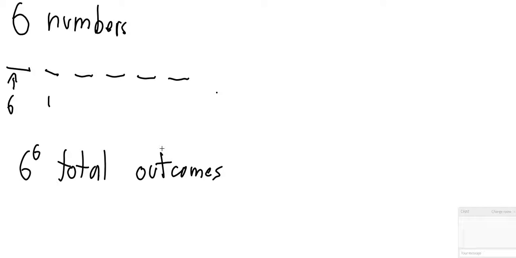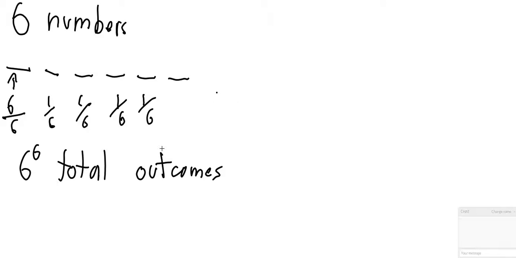But then for the next 4 chances, it's only a 1/6 chance. So I think what he's saying is you have a 6/6 chance times a 1/6 to the power of 4 chance. So you have 6 out of 6 on the first one, 1 out of 6, 1 out of 6, 1 out of 6, and what about the last one?